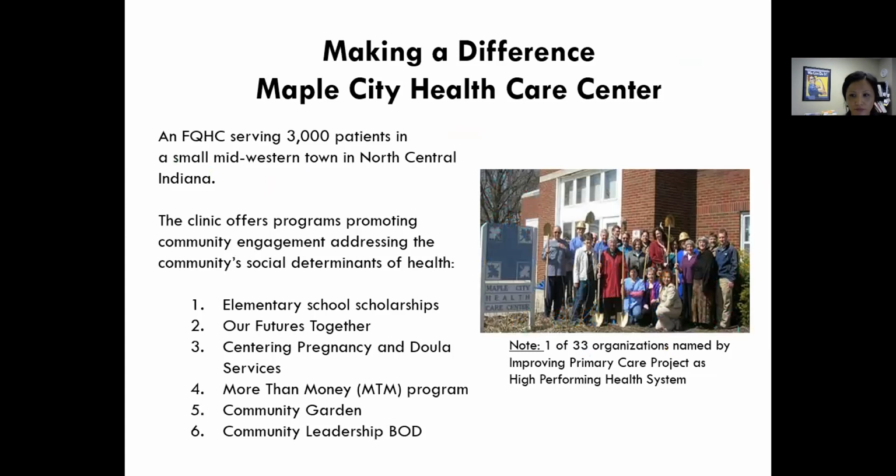You can read all about these on the Improving Primary Care website. Centering pregnancy and doula services, looking at money programs to make sure people have enough money to buy their medications, a community garden, and then a board of directors that was actually made up of community leaders rather than medical professionals. So it's a good team to look at in terms of how they've moved forward.